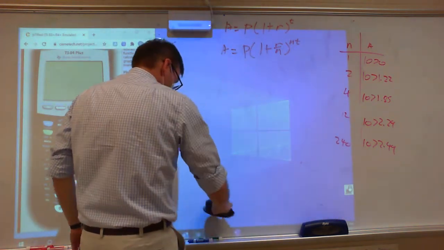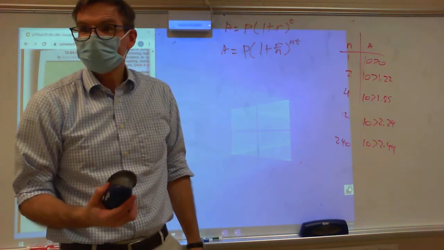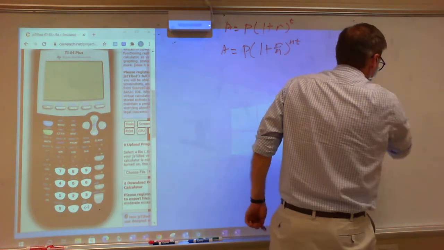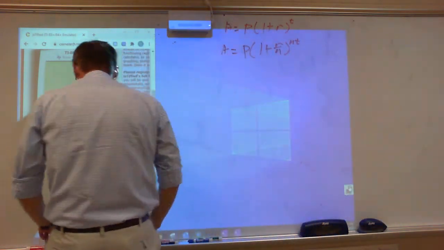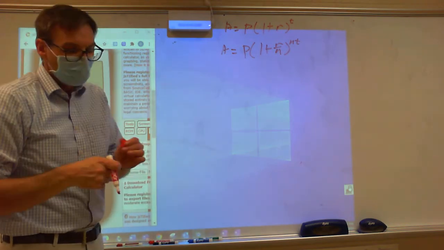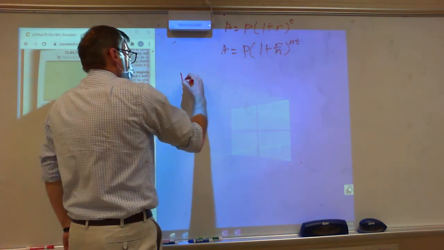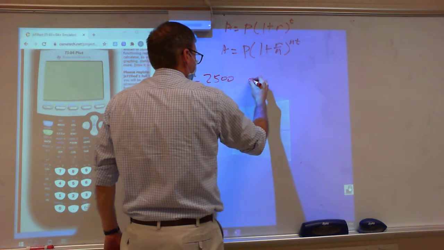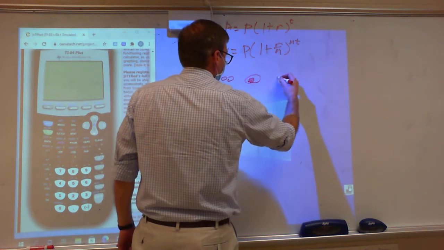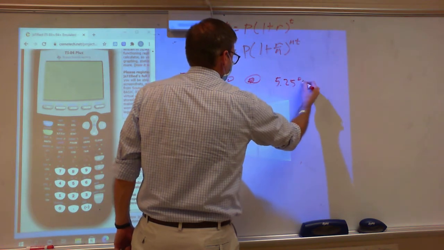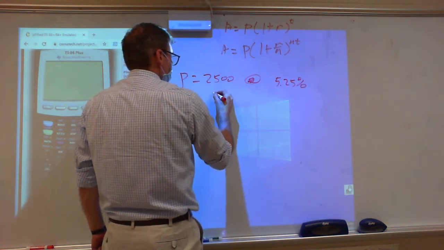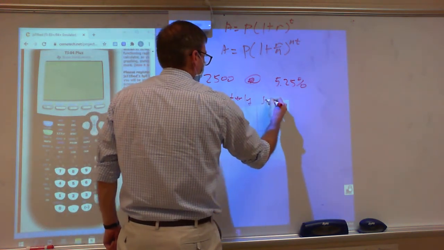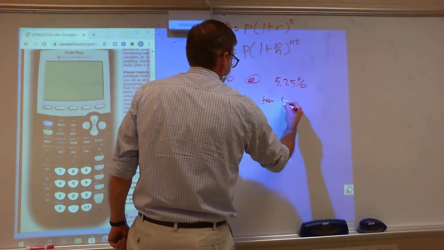So what kind of problems am I going to make you do? Well, there are two types of problems, right? The two types of problems that I can ask are, like, one is, let's say you invest $2,500 at 5.25%, compounded quarterly, for 8 years.